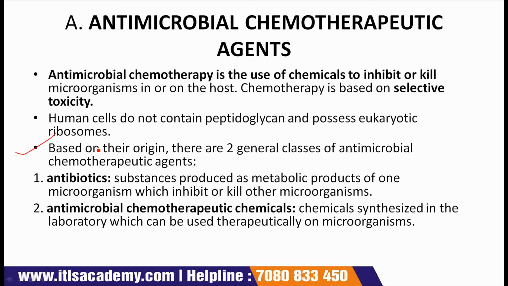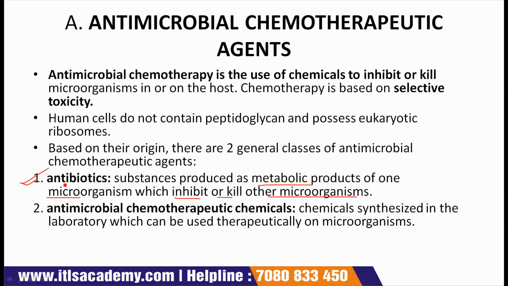Next point, based on their origin, there are two general classes of antimicrobial chemotherapeutic agents. First one is antibiotics and second one is antimicrobial chemotherapeutic chemicals. Let's see them one by one. Antibiotics: substances produced as metabolic products of one microorganism which inhibit or kill other microorganisms.